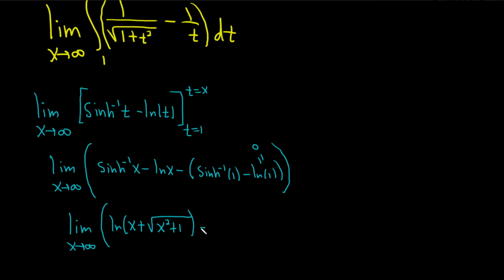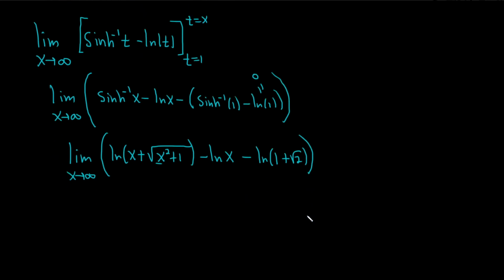Then we still have this minus ln x. And then here we have minus sinh inverse of 1. So we basically just plug a 1 into the formula for sinh inverse of x. So it'll be the natural log of 1, and then 1 plus 1 is 2, so 1 plus the square root of 2. All right, let's keep going.